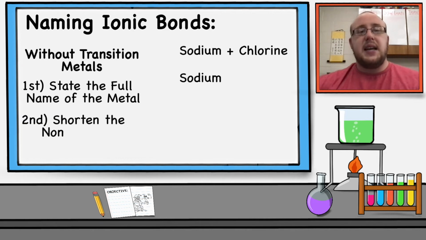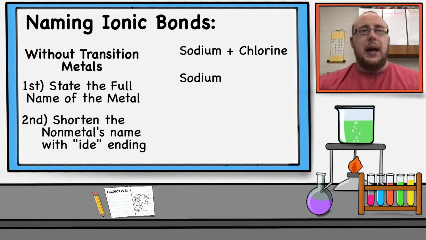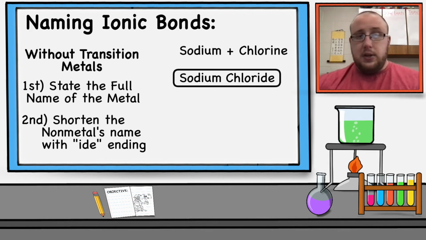Then my second step is to shorten my nonmetal and put the suffix "ide" on it. So I would take chlorine, shorten it, and put "ide" on it, so it'd be chloride. If I combine those together, I would have sodium chloride. First step is to state the full name of the metal, then shorten the nonmetal and add the "ide" ending.